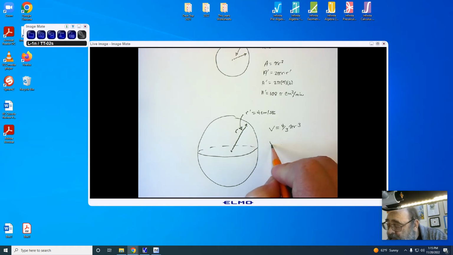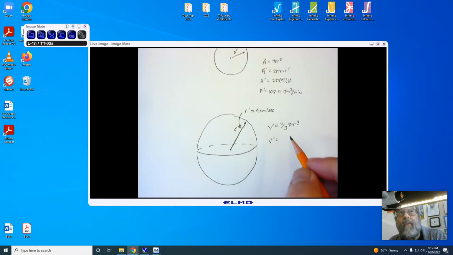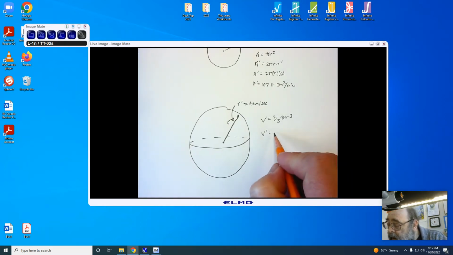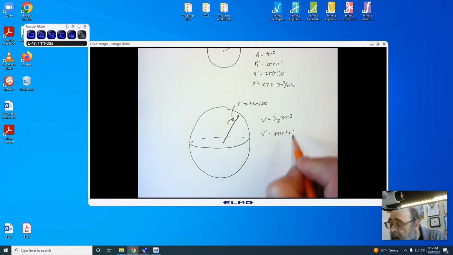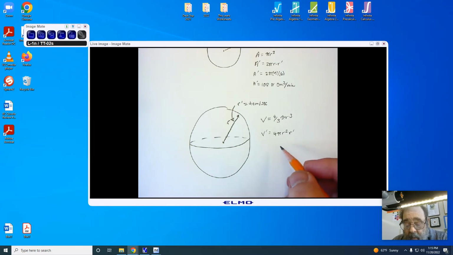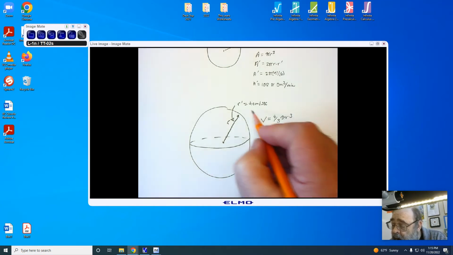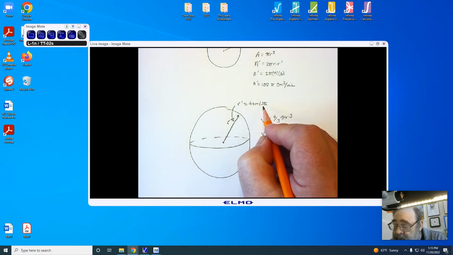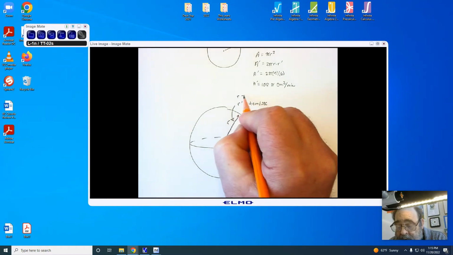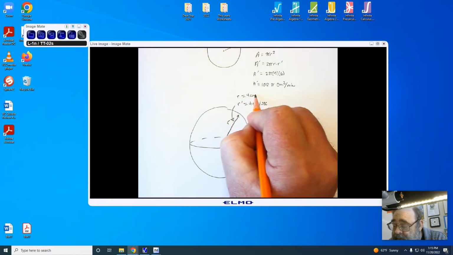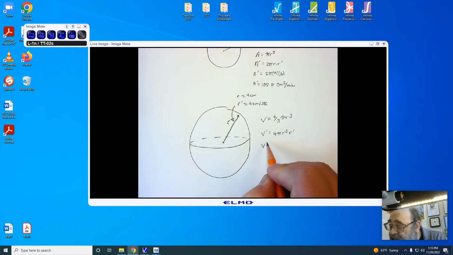We're now going to be finding v prime, implicit differentiation, and we end up with 4 pi r squared r prime. We're now ready to plug in the r prime equaling 4 centimeters per second and our r, which they gave us, was 4 centimeters. We're then going to have v prime equals 4 pi times 4 centimeters squared times 4 centimeters per second.